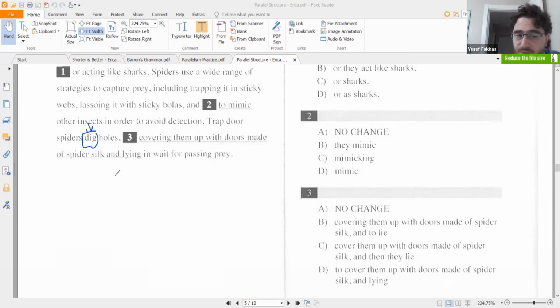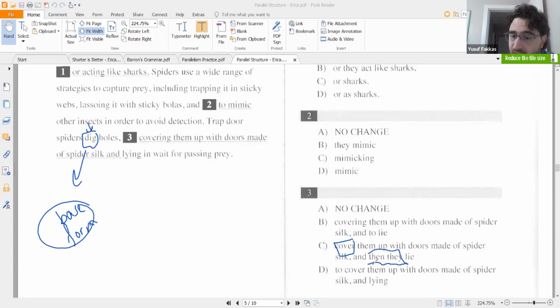Spiders dig holes. Okay. So since this one is the base form, like there's no infinitive, there's no ing, there's nothing added, just dig, maybe we can say cover, right? And that's parallel. But if you look at the third one, what are they saying? And then they lie. Then they lie is not needed. We can just say dig, cover, and lie. Okay, so C is wrong.